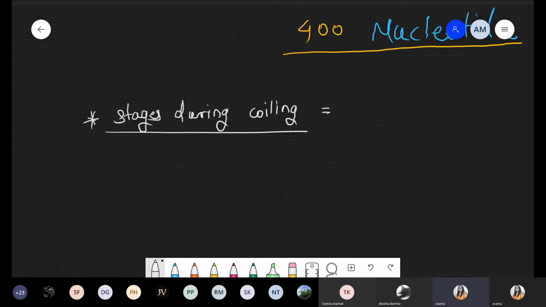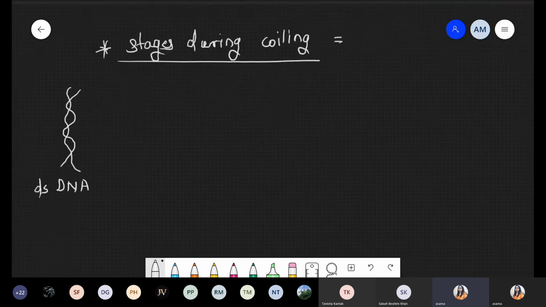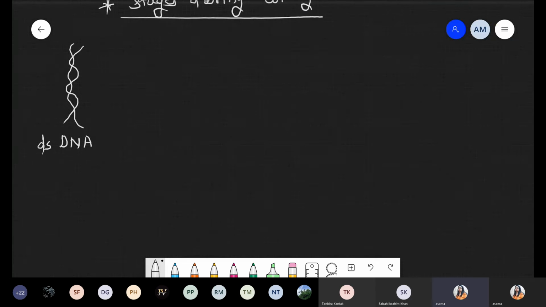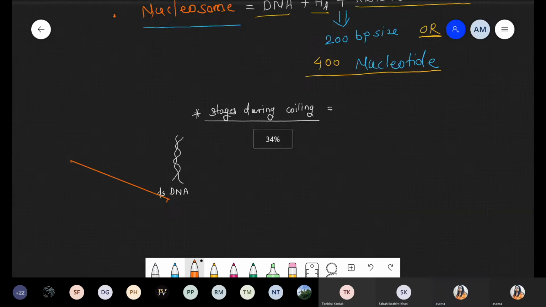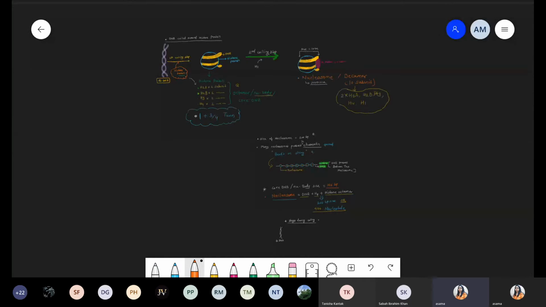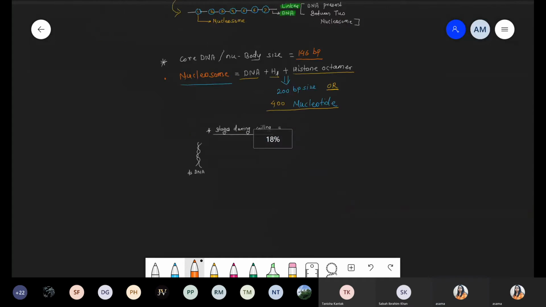First of all, we start with the DNA. These are double-stranded DNA. Double-stranded DNA simply has a size of just 2 nanometer.